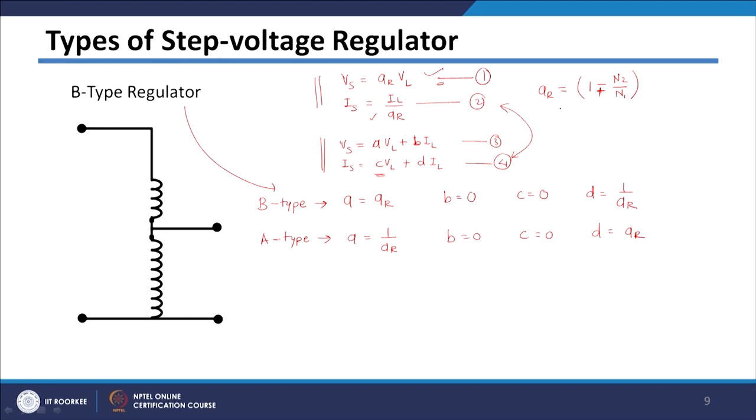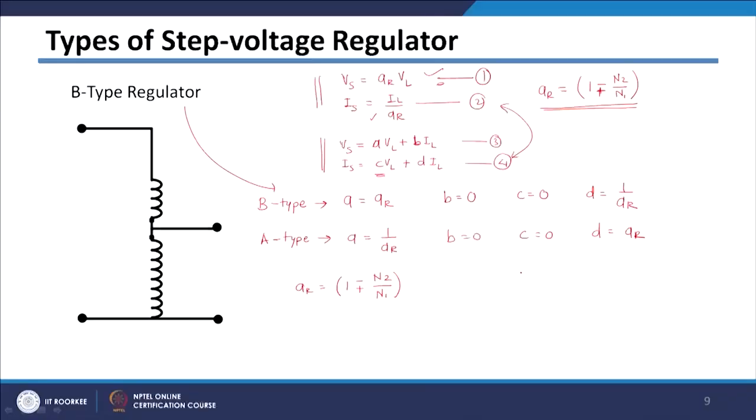Now, this AR I am saying is equal to 1 minus plus N2 divided by N1, and this N2, the turns in the regulator winding, is variable because the turns change depending on the tap position, and we want the voltage variation to be plus minus 10%.